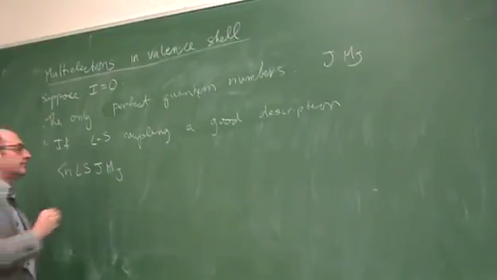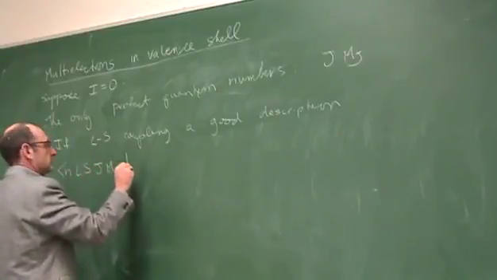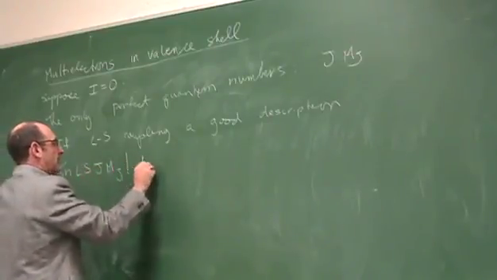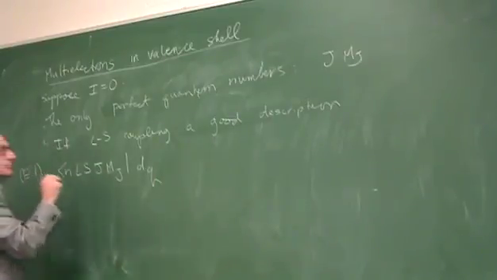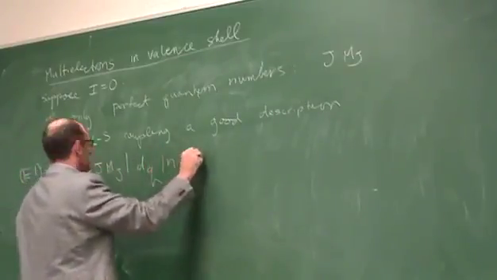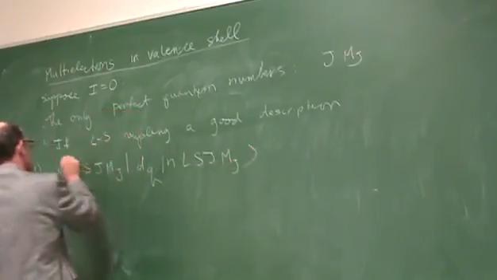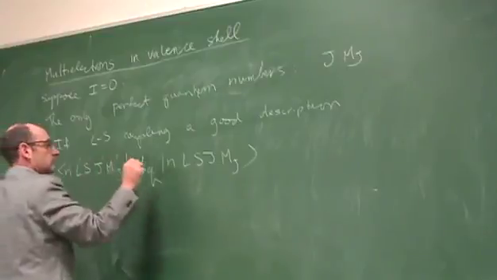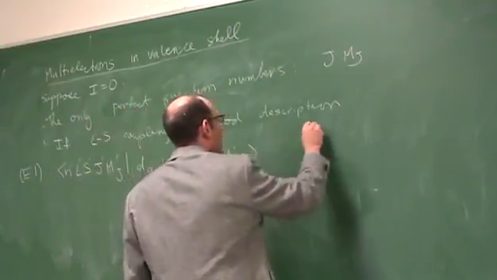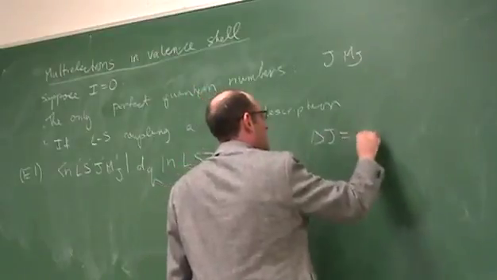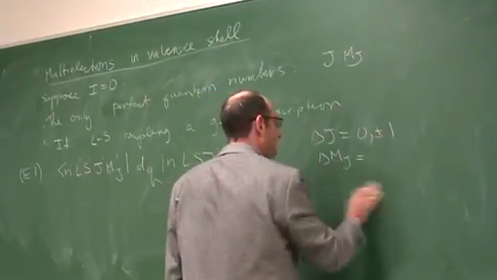So, for example, for the E1, we have the same kind of selection rules that we had before.